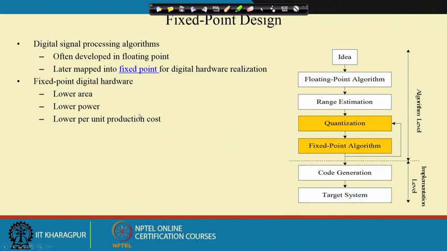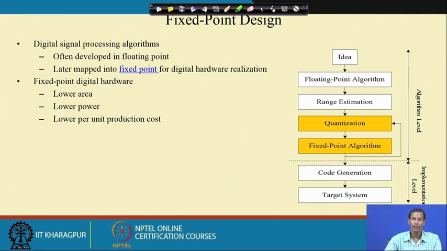Because whenever we design hardware for any system or algorithm, my primary target is to achieve low area, low power, the maximum frequency of operation, and lower production cost per unit. These are the things I have to remember whenever we design the corresponding hardware for that particular system or algorithm.